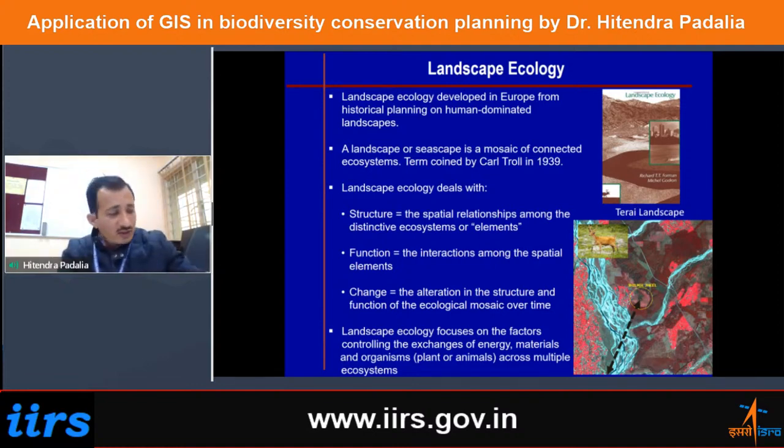Now it focuses on three aspects: structure, function, and change. What is the spatial relationship between different ecosystems, what is the interaction between different spatial elements, and how do structure and function change over time.